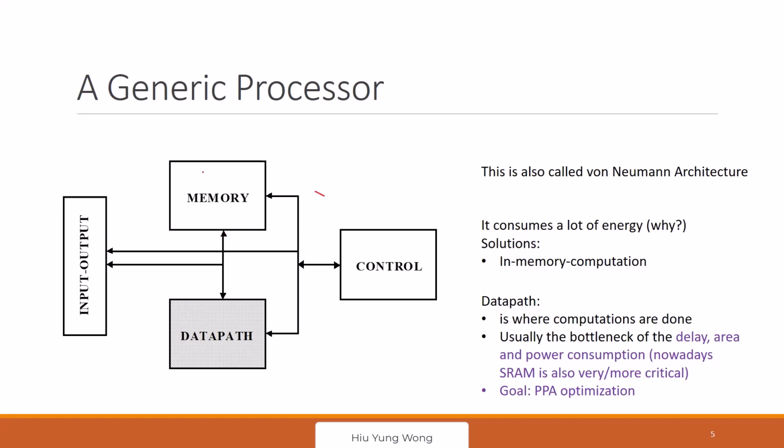So if this is SRAM, right? And then you still need to go through the DRAM, which is cheaper and higher density. And then you go to the hard drive, right? But nowadays we say, hey, can we insert something here? For example, ferroelectric memory.